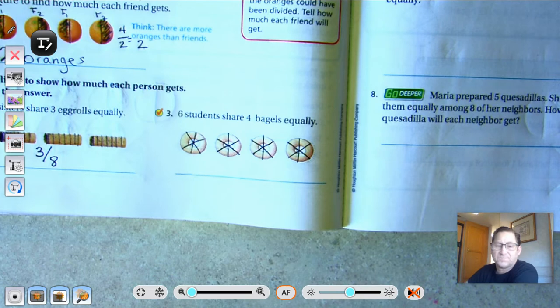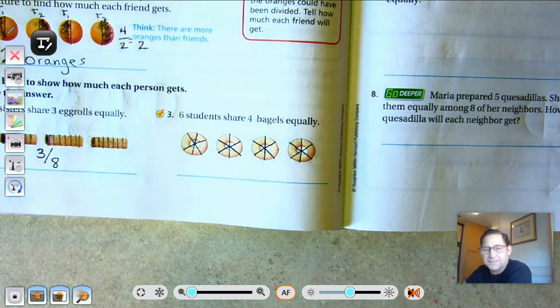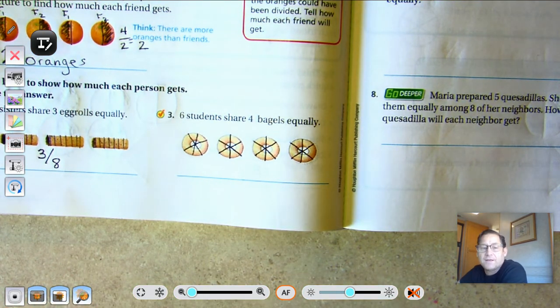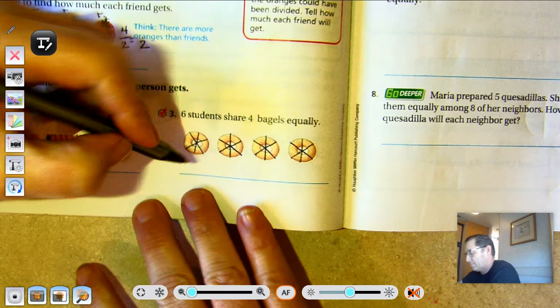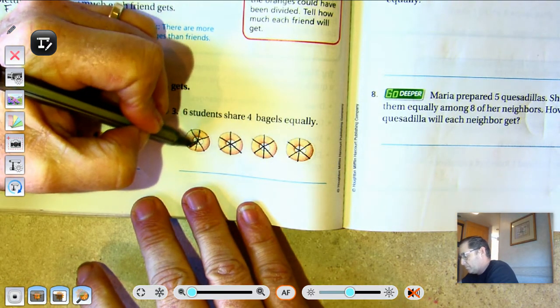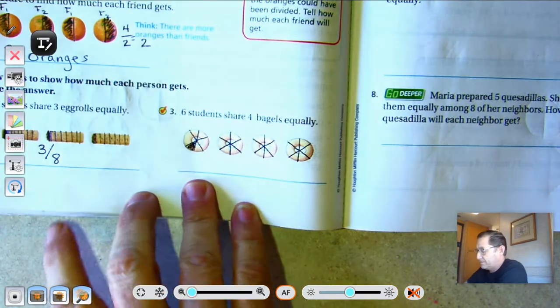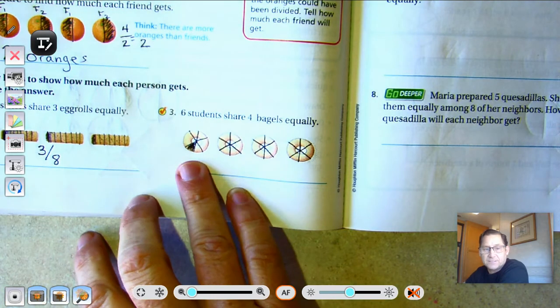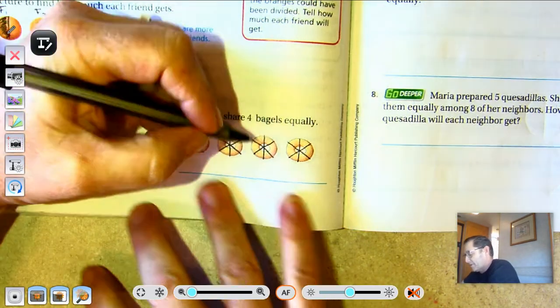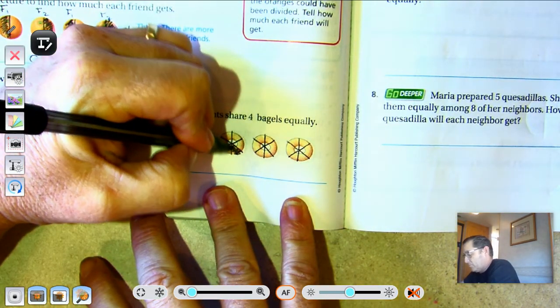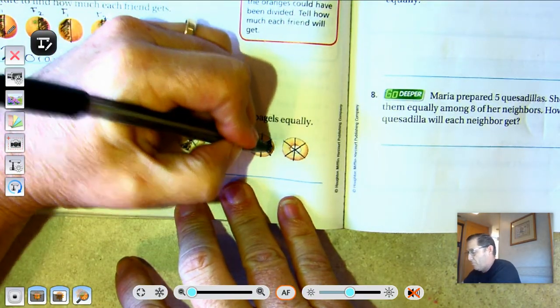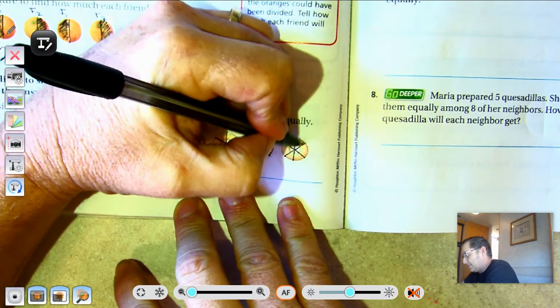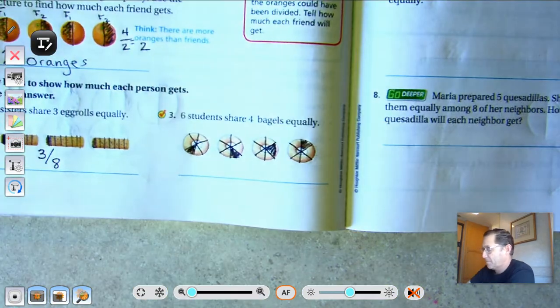All right, so 6 students. So show me on there how much one student would receive of each bagel. Okay, since it's broken into 6 pieces, this student would get 1/6. Then we would also get 1/6 of this one, and then 1/6 of that one, and 1/6 of this one.